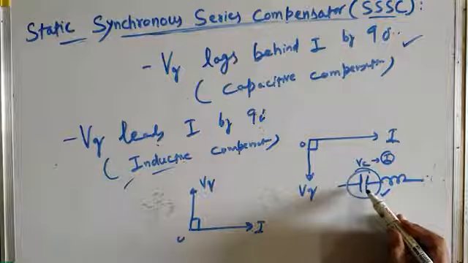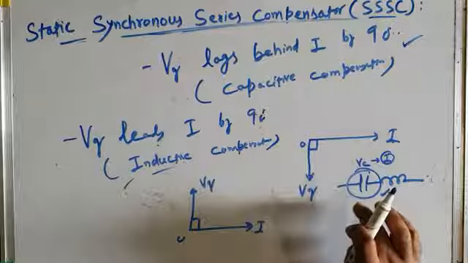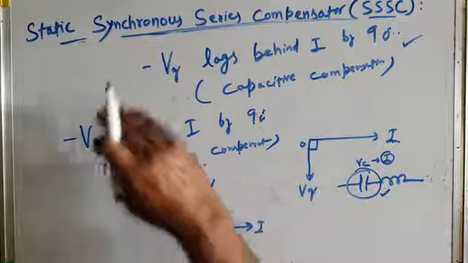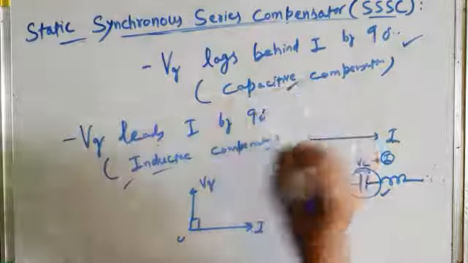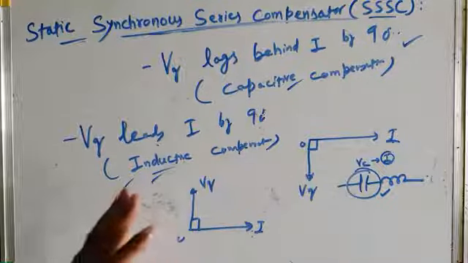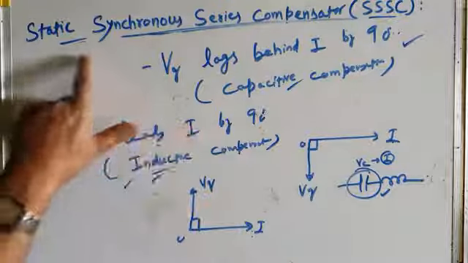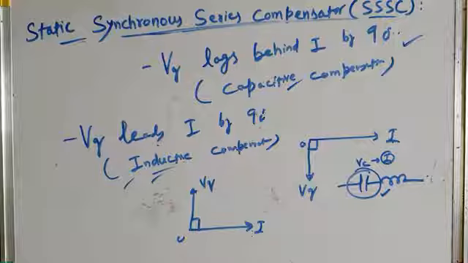Series capacitive compensation always makes your compensator work in the capacitive region. But SSSC, by reversing the injected voltage phase, can work either in the capacitive region or in the inductive region. So this is one of the major advantages of the SSSC series compensator over series capacitive compensation.